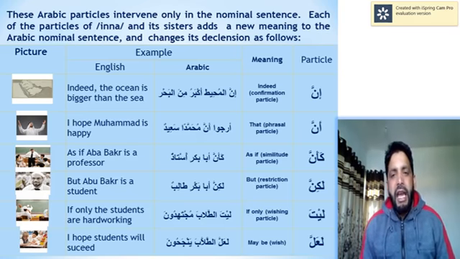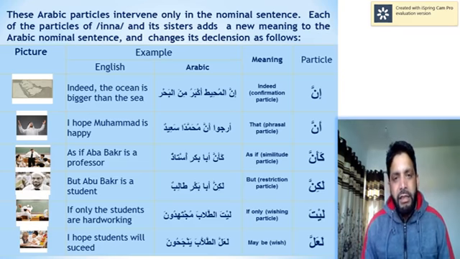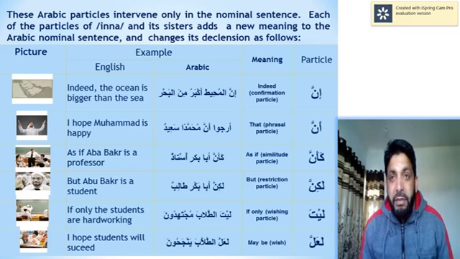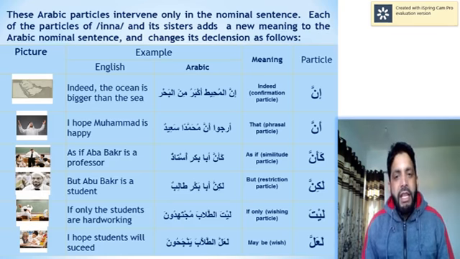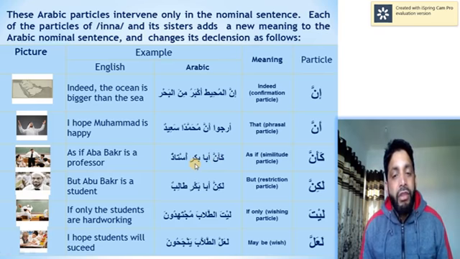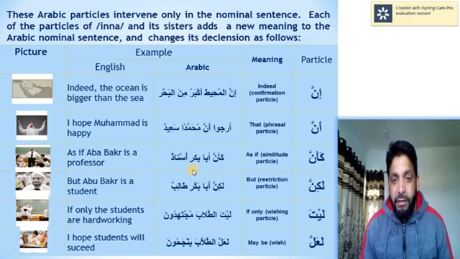Now third is ka'anna. The third sister is ka'anna, meaning as if. As I told you, this is a similitude particle. It creates simile in a sentence. When I say ka'anna Aba Bakrin Ustadhun, as if Abu Bakr is a professor, as if, though it's not real.